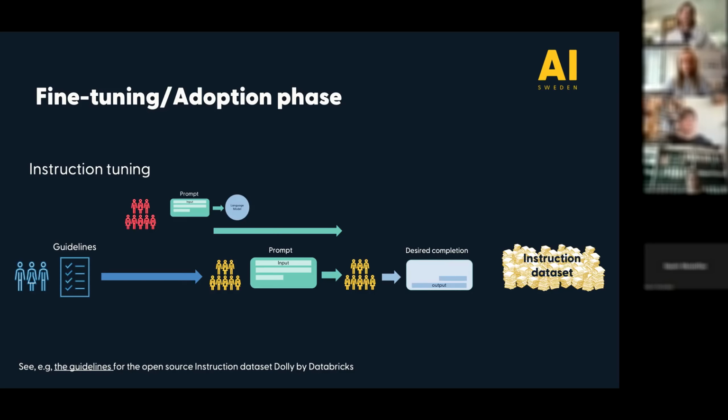I've taken these guidelines, for example, from the Open Assistant guidelines, which is an open source project. These guidelines are given to data workers, and these data workers are asked to write prompts, for example a task description, and then also to write the desired answer to this question or task.